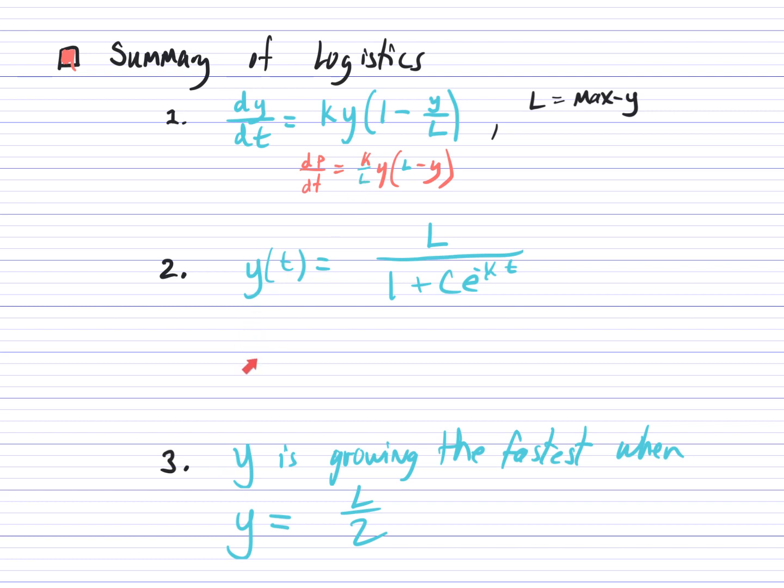When we solve this, and hopefully you won't have to because it's a lot of work, we can just go straight from the differential equation to this: the maximum on top divided by 1 plus some constant times e to the negative kt, where k is the k in this logistic diff-eq. So if we end up seeing a diff-eq in this form, we're going to have to do a little work to find out what that k value is.